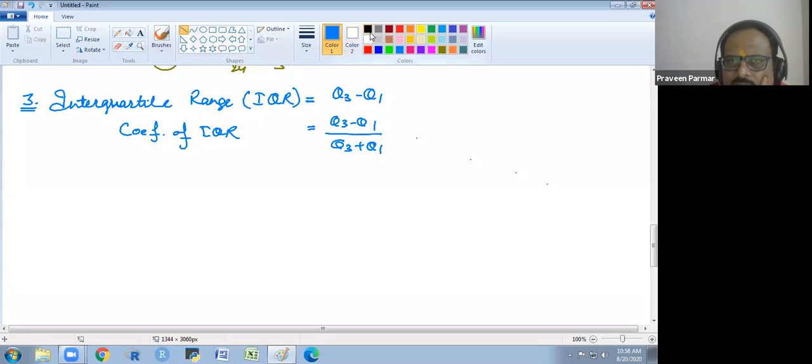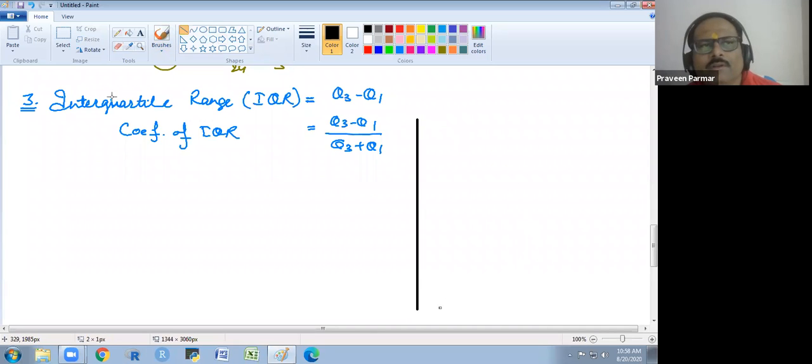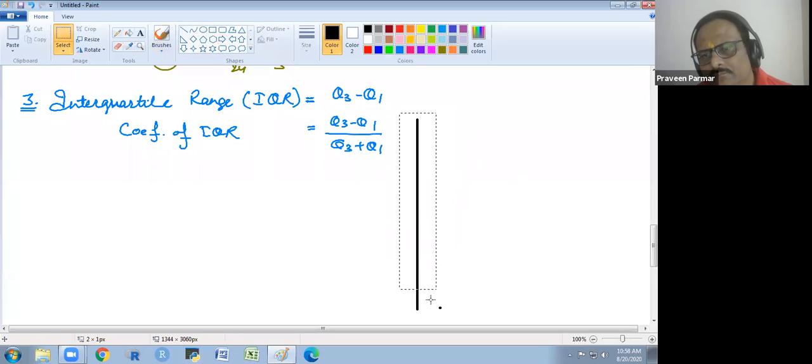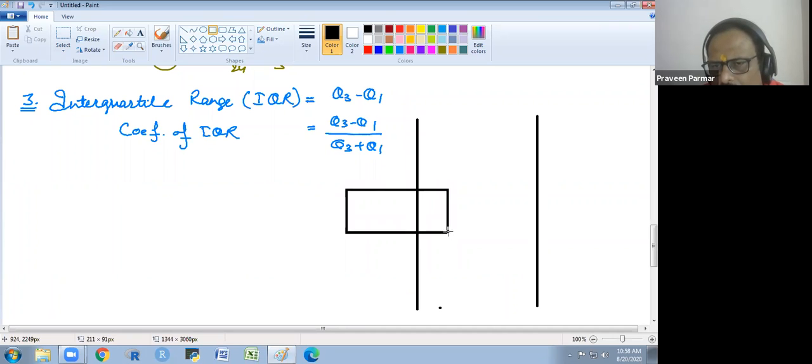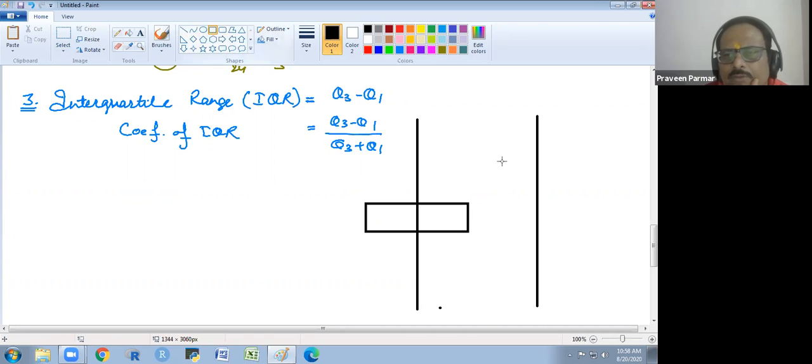If we talk about the interquartile range, I'm making two box plots here, which are from the normal distribution.